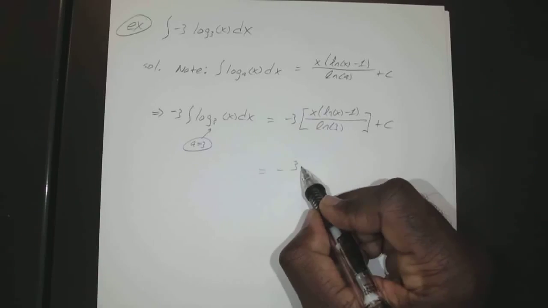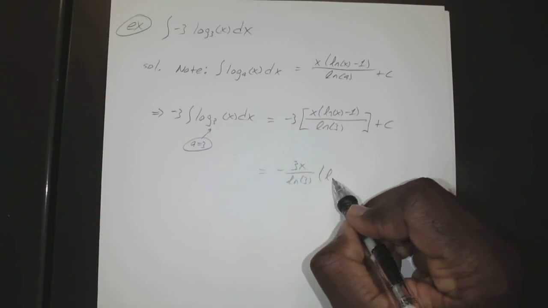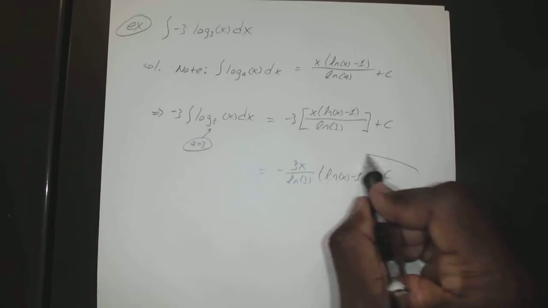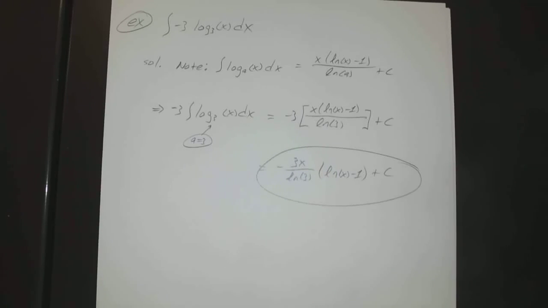Or just negative 3x over natural log of 3 times natural log of x minus 1. Or if you wanted to put the natural log of x minus 1 up top, you could do that also.